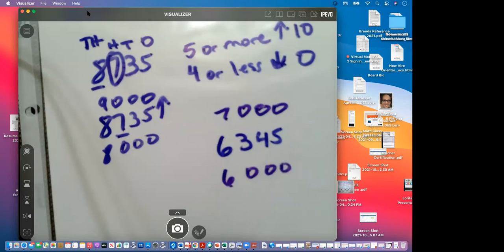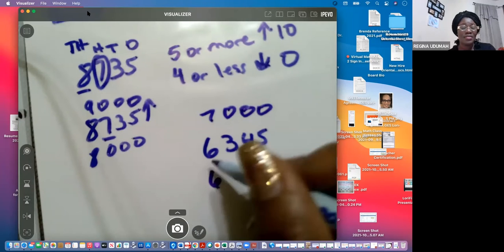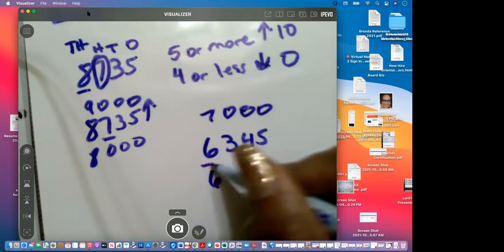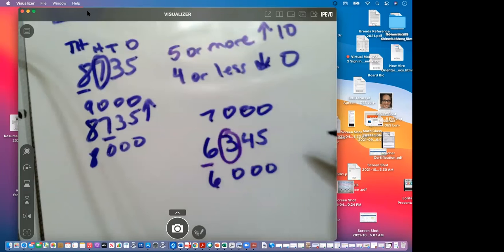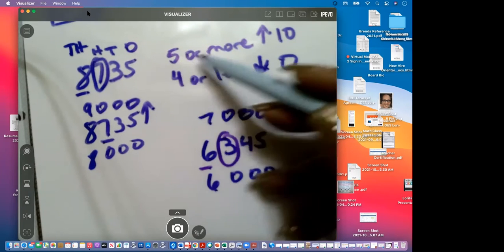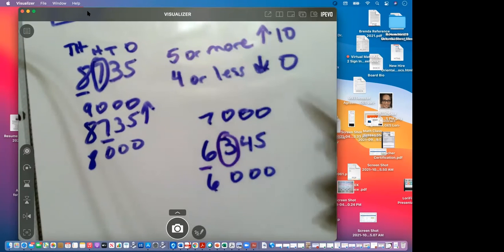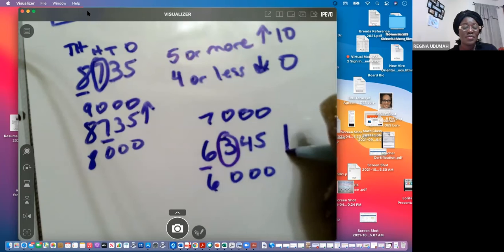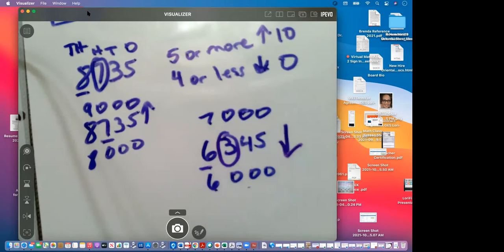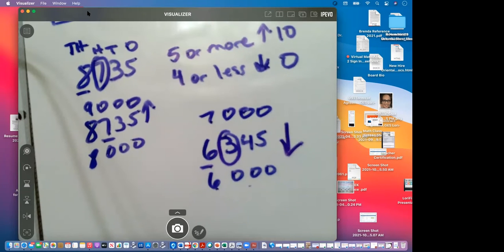So this is our range between 6,000 and 7,000. 6 is in our thousands place, 3 is in our hundreds place. Is 3 5 or more, or is it 4 or less? 4 or less. So we're going to round down to 6,000. Does it make sense?